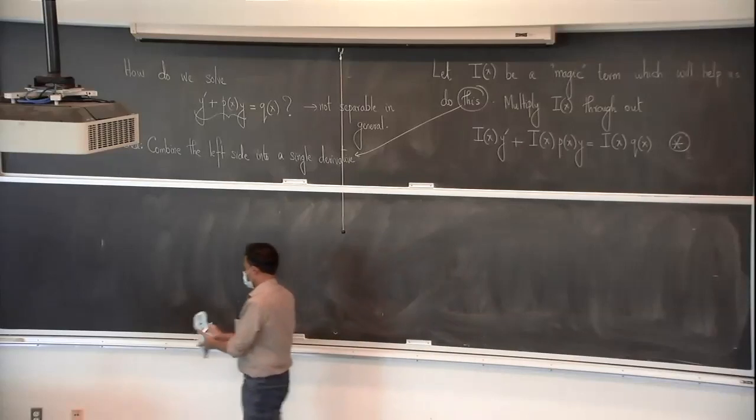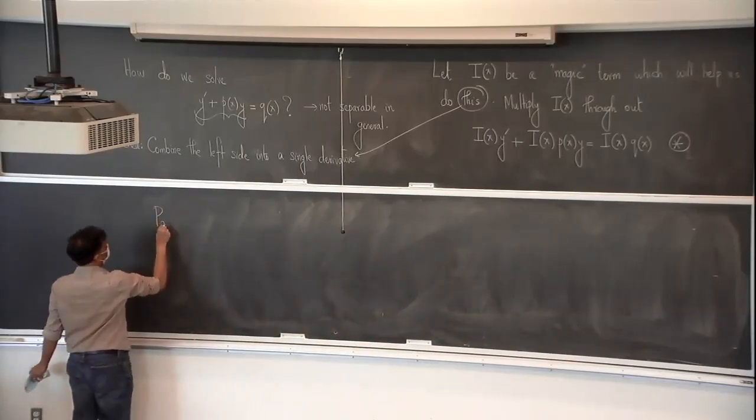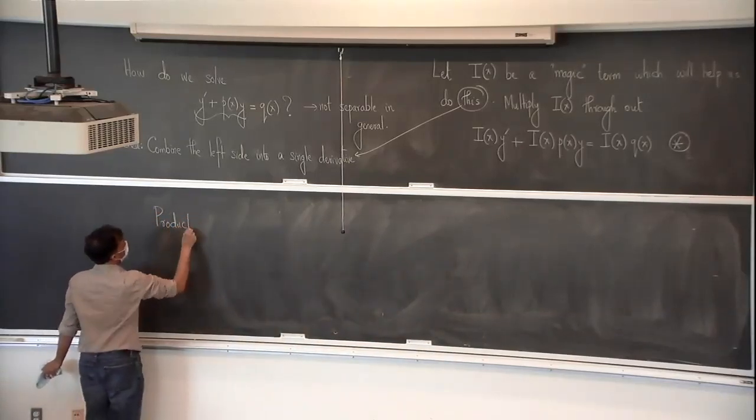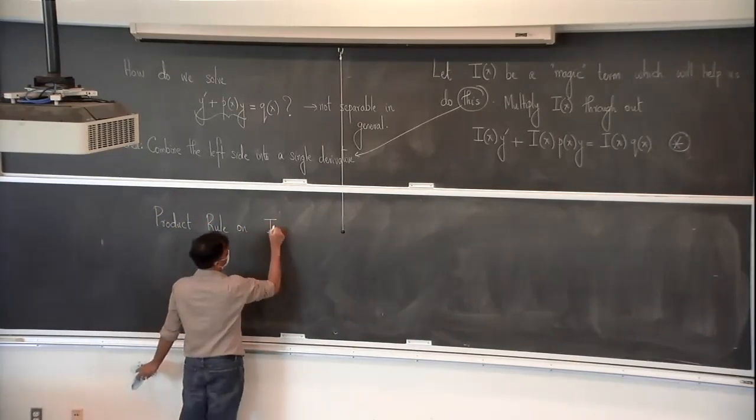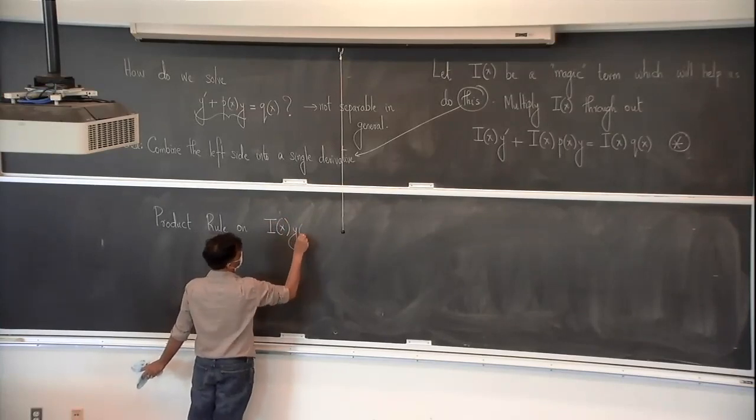Let's also see what happens if you do the product rule on the product I of x times y of x.